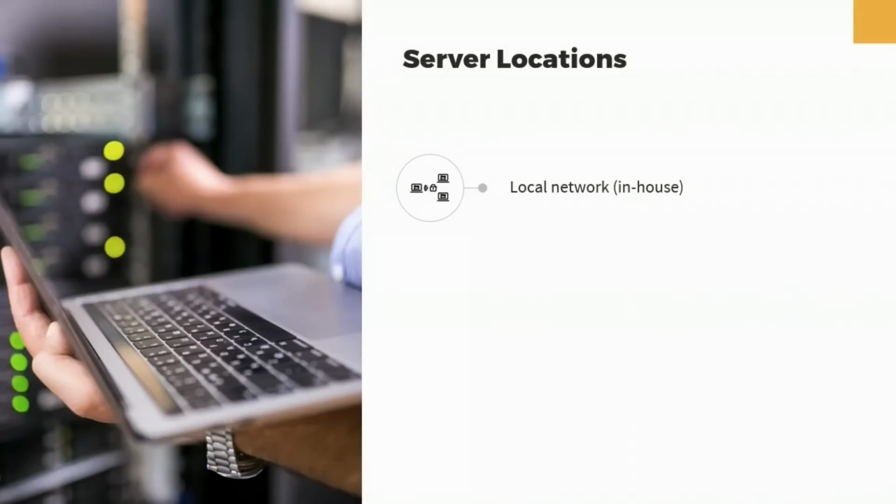Larger organizations, however, may have many locations from which they operate, so physically distant servers might be accessible over a dedicated wide area network that is usually implemented through a telecommunications provider, or servers can be cloud-based, which in most cases means that they're accessed over the standard public internet, and the services they provide are paid for on a subscription basis, meaning that we as subscribers don't have to concern ourselves at all with implementing, managing, or maintaining the actual servers. We just pay for the services they provide.